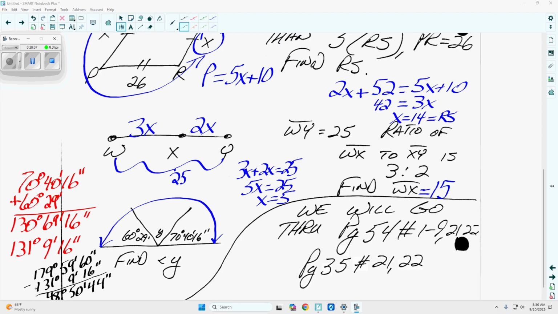Number 6, if angle EFG is obtuse, okay, got it, and HJK is right, got it, is angle 1 congruent to angle 2? Well, they don't tell you, so no. They both have to be 70, but it can't be 70 if it's obtuse. And then number 6B, if those two angles are congruent, EFG and HJK, does that make angle 1 congruent to angle 2?